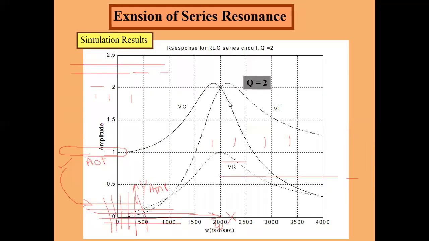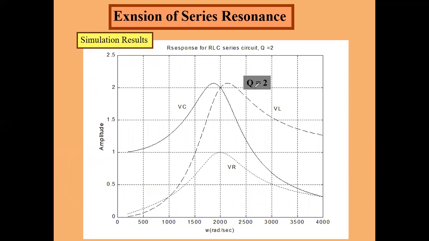If we see the solution of our equation for Q equal to 2, by using the MATLAB simulation we are able to find the waveforms. The upper one, the reddish part, we call VC, the voltage across the capacitor in the series resonance.